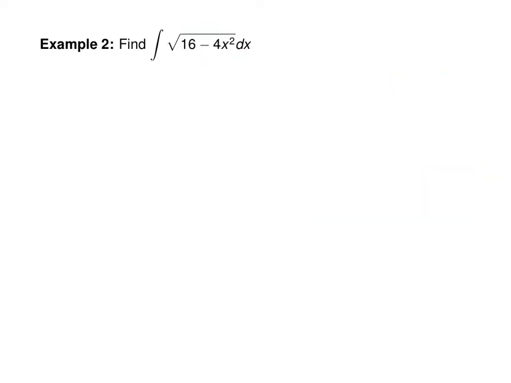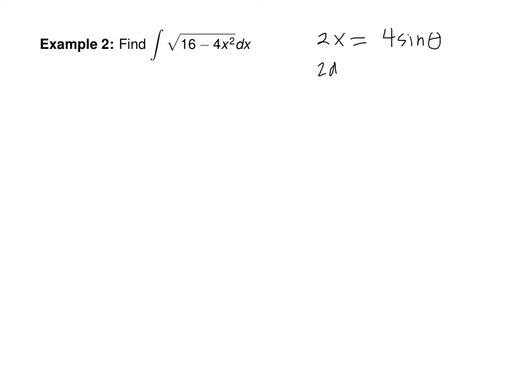Next, let's find the integral of root 16 minus 4x squared. So here I'm going to think first of all of the 4x squared as 2x, the quantity squared, and I'm going to start by letting 2x equal 4 sine theta.